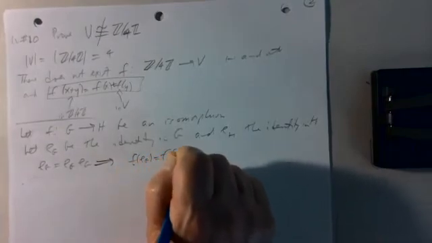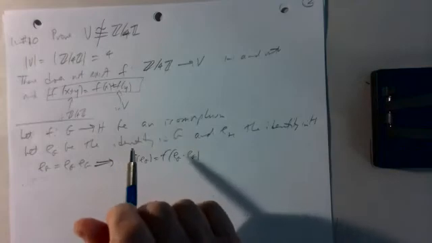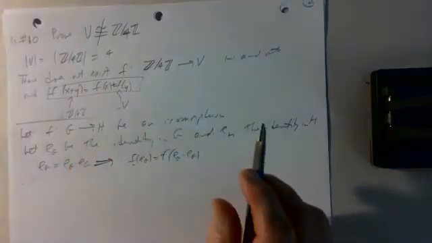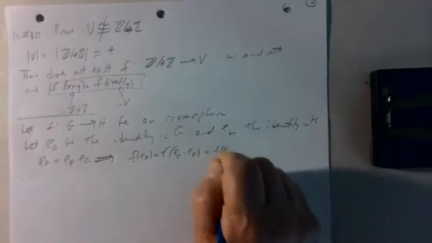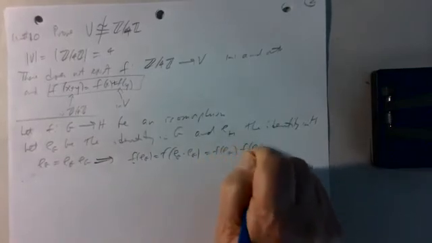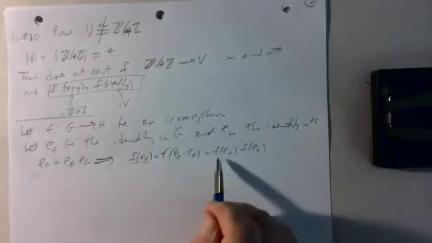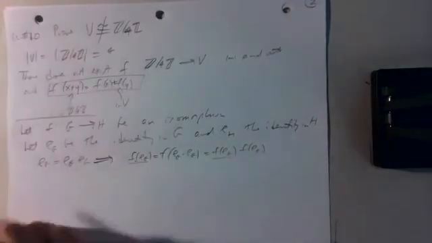So if you take f of the identity, of course, the identity is the same as the identity times the identity. And using the functional equation for an isomorphism, this is f of the identity times f of the identity.